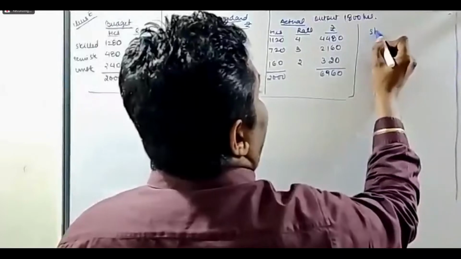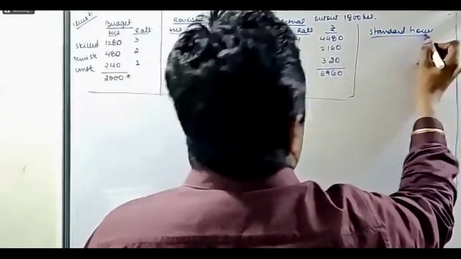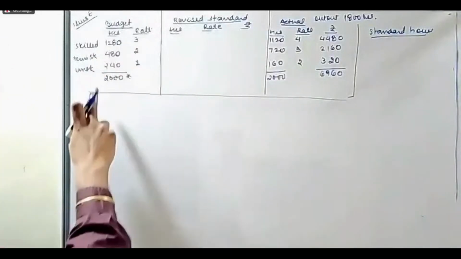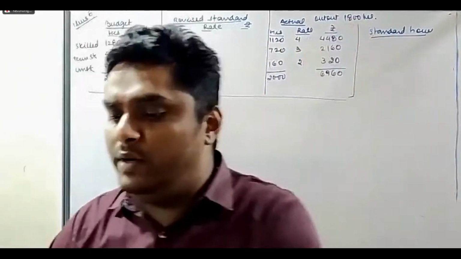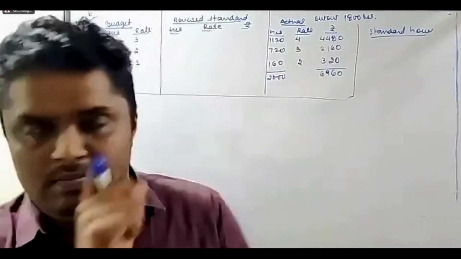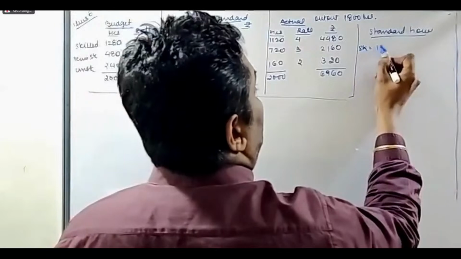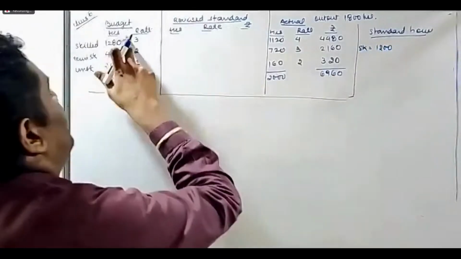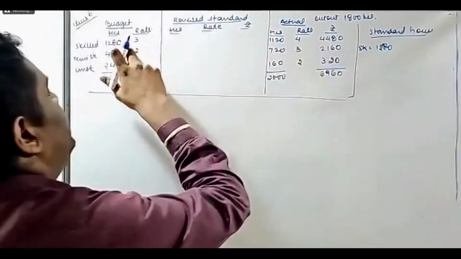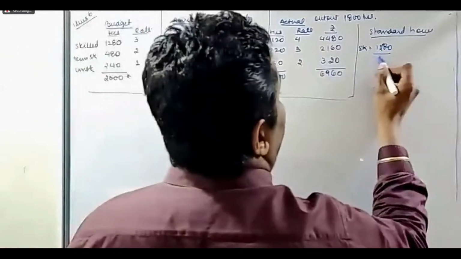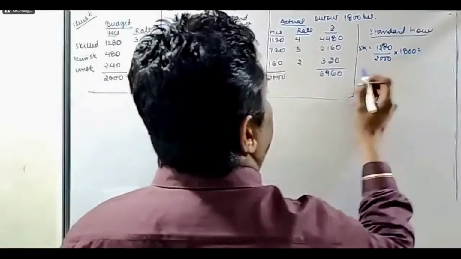So when talking about calculation of standard hours, again same, 1280 hours for 2000 hours of output. So for 1800 hours of output, how much?